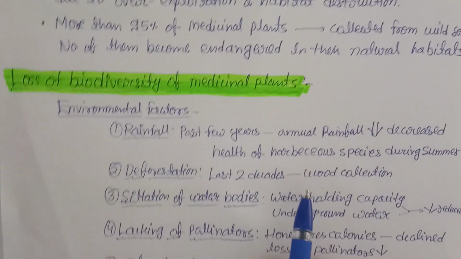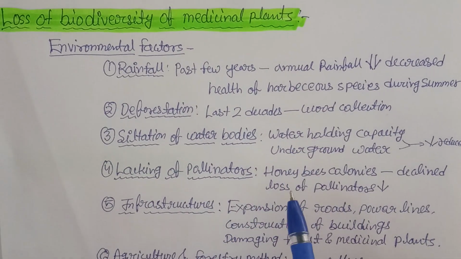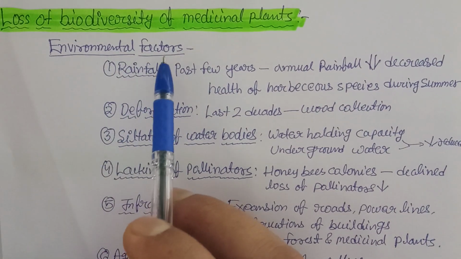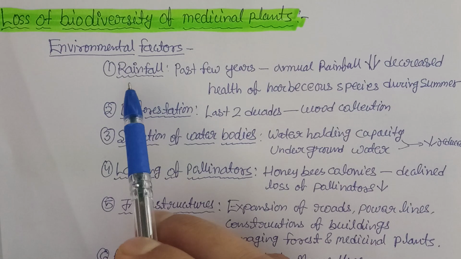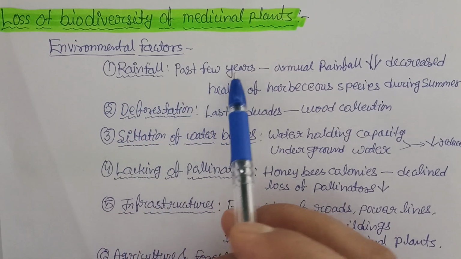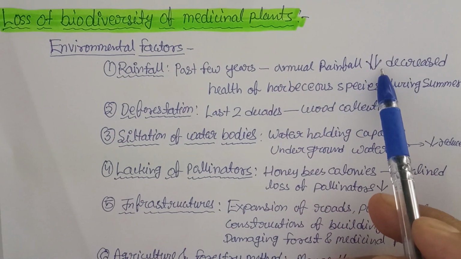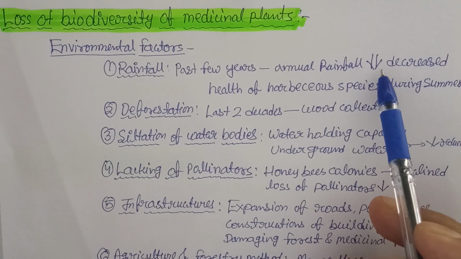Later on, the loss of biodiversity of medicinal plants, right? In the last few decades, environmental factors have changed and nobody is taking care, for example, number one, rainfall. In the last few years, annual rainfall has decreased. Nowadays we also see no rain in the rainy season, but in summer or winter we get huge rain.